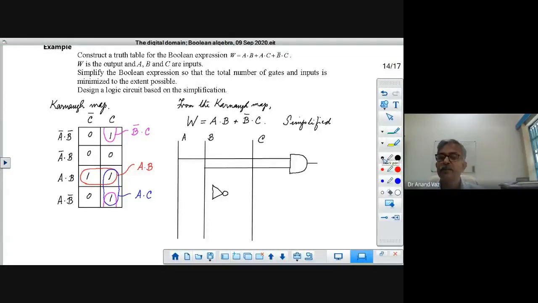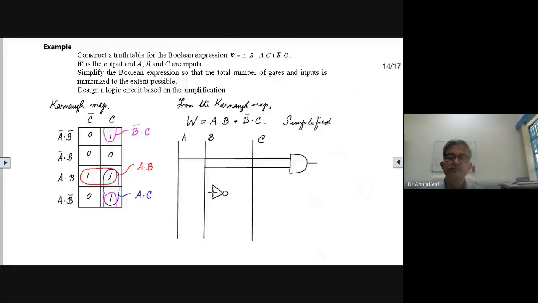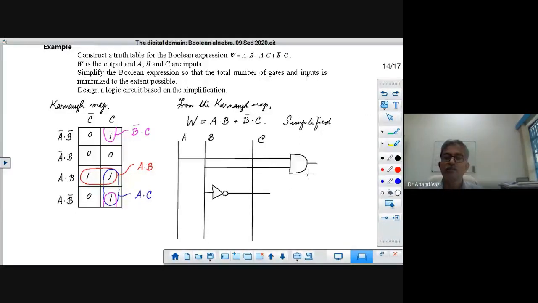So we'll have NOT B. And so we have NOT B here, and we need C.